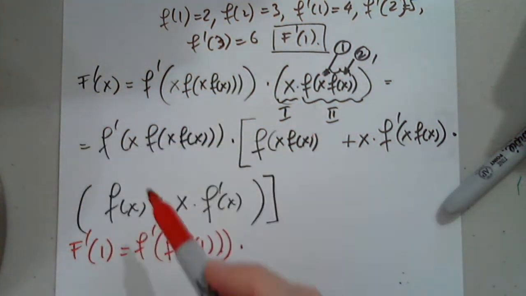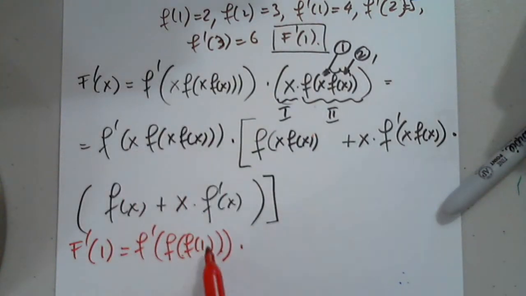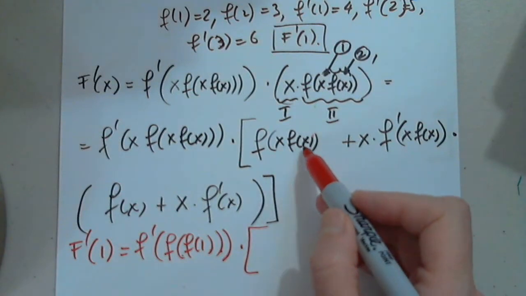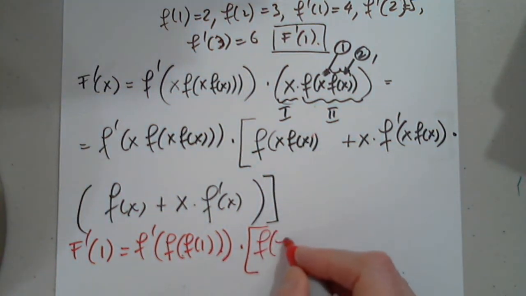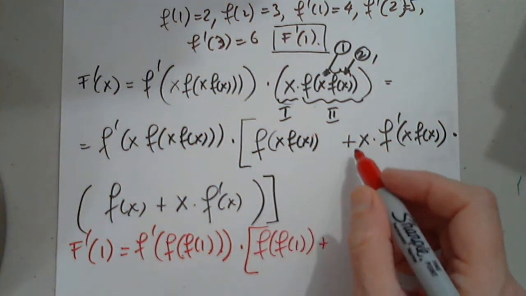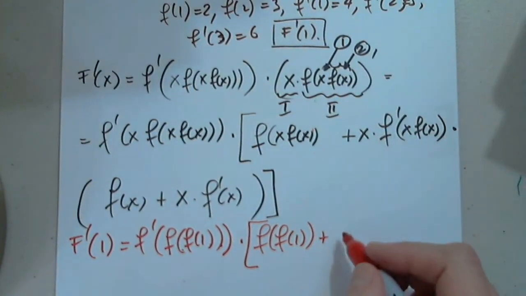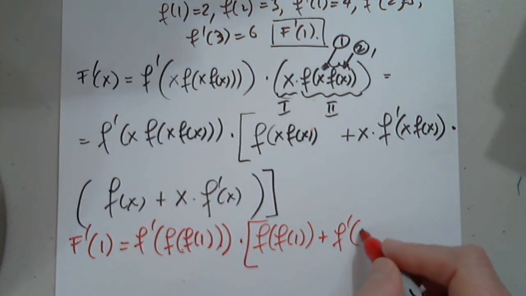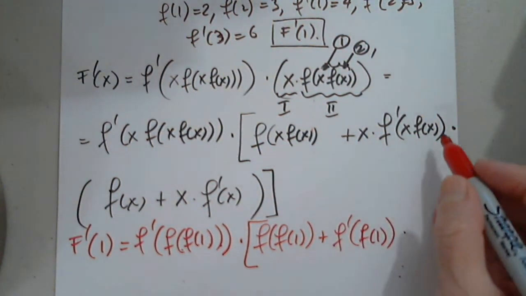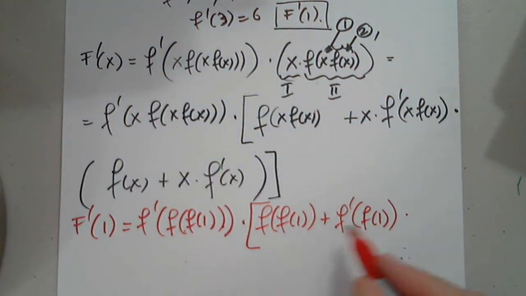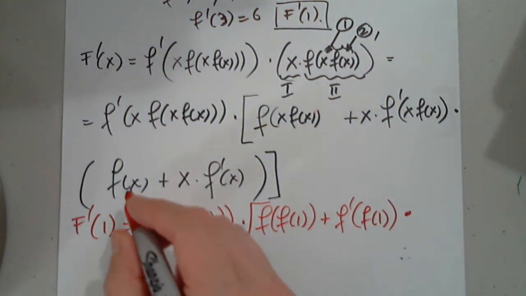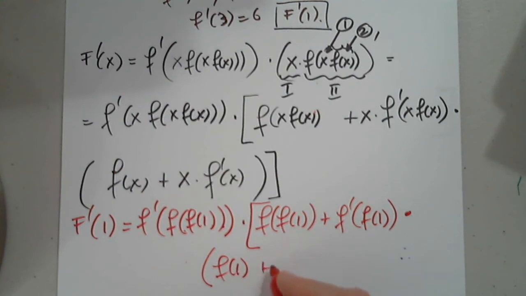From the equal symbol. So, perfect. Times, here, bracket. f of 1 of f of 1. So f of f of 1 plus 1, f prime of f of 1 times, plus, times, parentheses, f of 1 plus 1 f prime of 1.